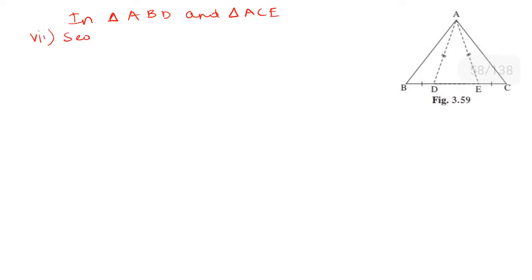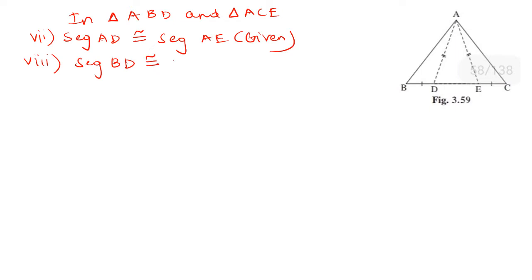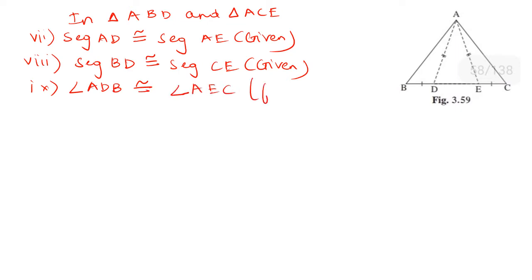Segment AD is congruent to segment AE, it is given. Then segment BD is congruent to segment CE, again this is given. And the next thing, angle ADB is congruent to angle AEC, that we have proved from the sixth statement.